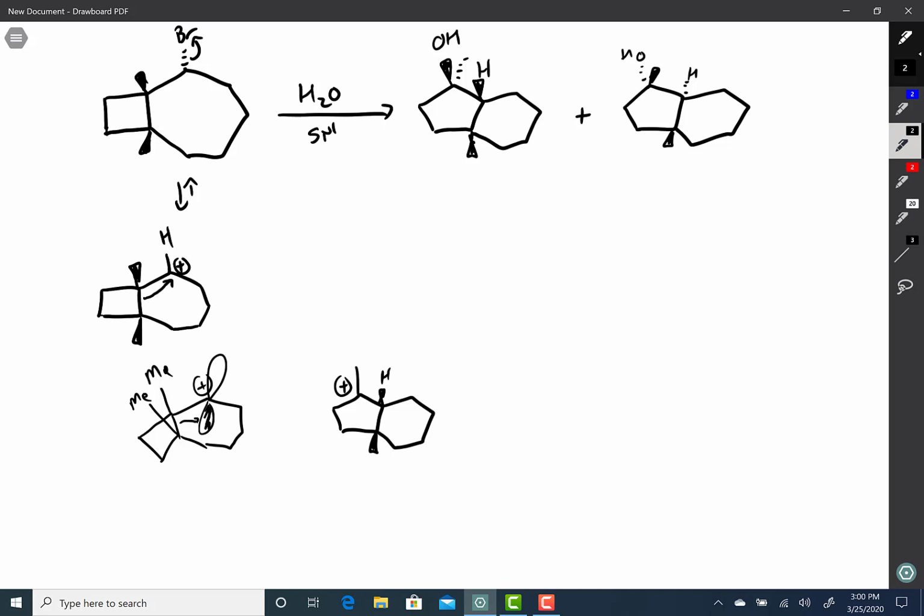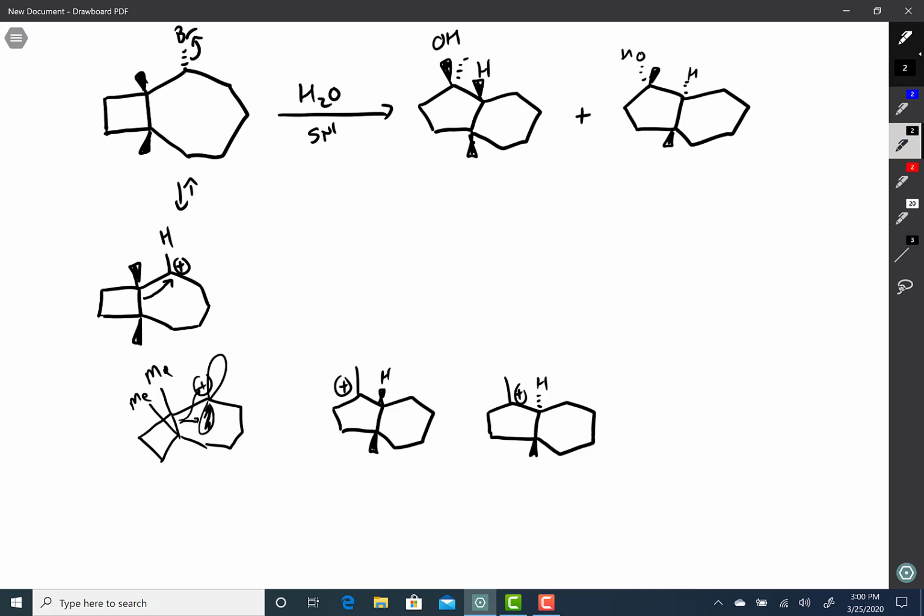If it shifts over to the top lobe, then that pushes the resulting hydrogen downwards, giving you this carbocation, and then the water can add from either side of that.